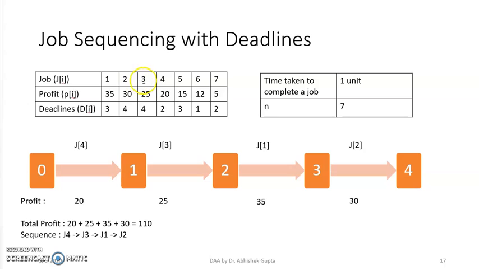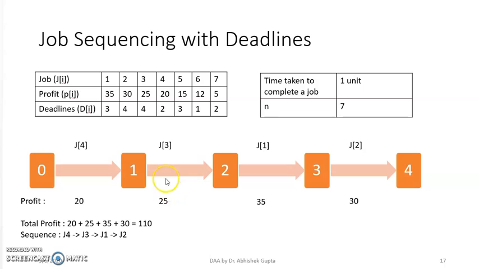Now see your next job, the third job, whose profit is 25 and deadline is 4. We want to allocate it into slot 4, but we have already allocated job J2 there, so we cannot allot it over here. The third slot is also allocated by job 1, so we will allocate job 3 into the second slot.